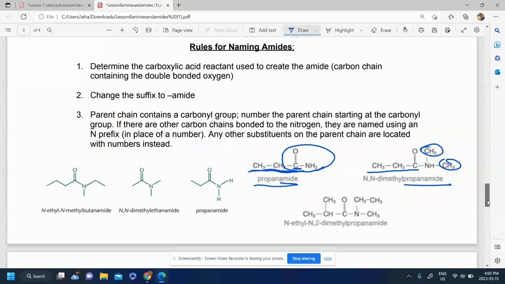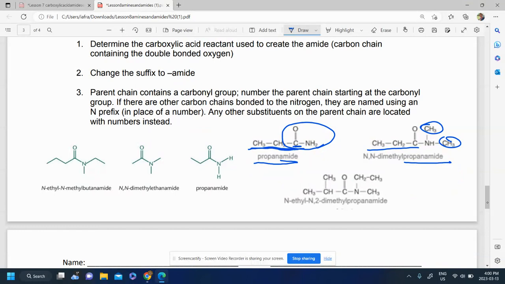Let's go take a look at another example over here. Here we have, once again, a 3-carbon chain, so it is propanamide. We have substituents on our N, and we also have substituents on our carbon chain. So you'll see we have N-ethyl, and then N, 2-dimethyl, since there's 2 of them, propanamide.